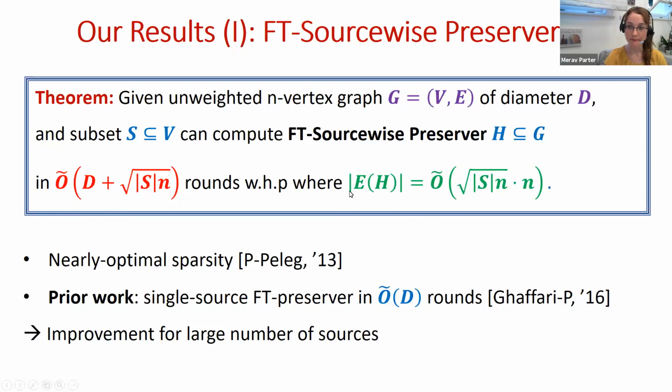So we provide perfect sparsity, but in a sublinear number of rounds. Prior work with Mosen considered a single source case, and for that we provided an O(D) round algorithm. If you just extend it into multiple sources, you get this multiplicative dependency, which might provide superlinear dependency for a large number of sources. And alternatively, we provide this bound, which is preferable for a large number of sources.